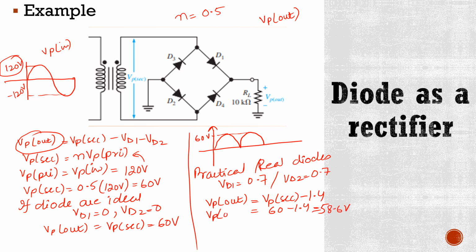Okay, so this is the peak output voltage in case of real diodes. So now the output waveform will be like this, where the magnitude of this output voltage is 58.6 volts. Okay, now this shows that D1 and D2 are on, and this shows that D3 and D4 are on. Similarly, here D1 and D2 on, and here D3 and D4 on. Okay, so this is your answer of peak output voltage.